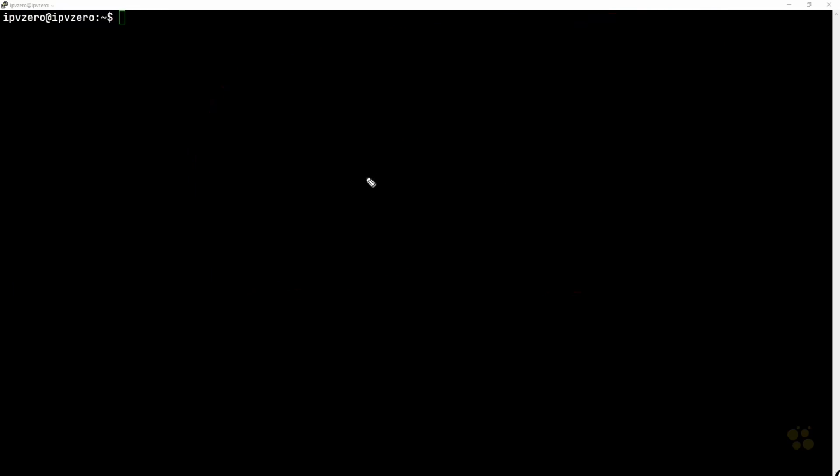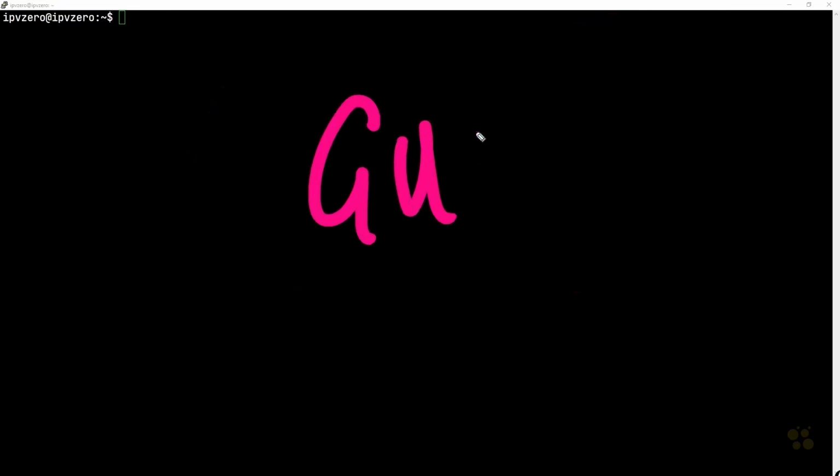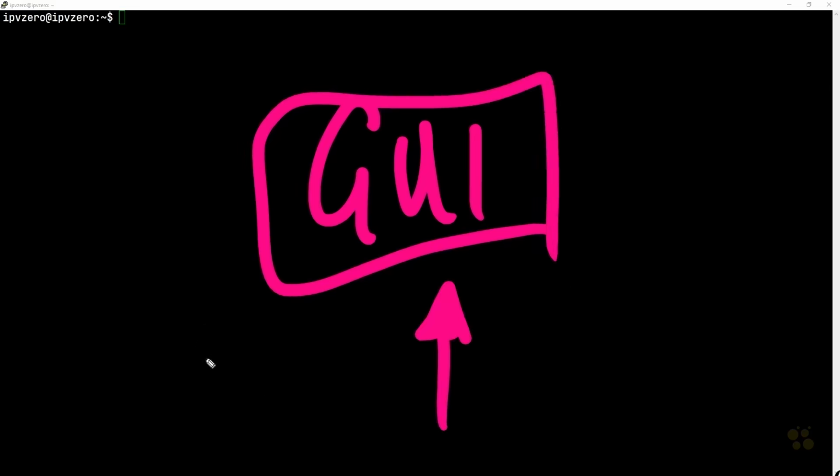So let's maybe just say you want to have a graphical user interface so that not everything is just managed via the CLI. You want to be able to click and you want to be able to drag and drop. Well, the ability to have such a graphical user interface, like I say, will be defined within a particular run level, and we'll get to see what those run levels are very, very shortly.